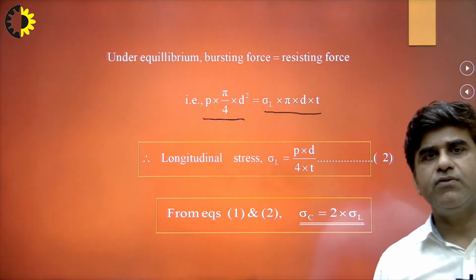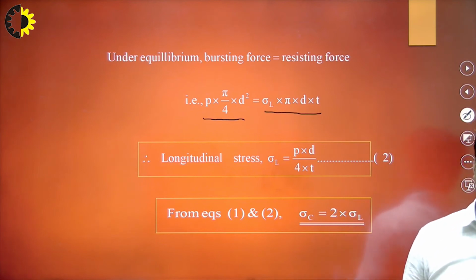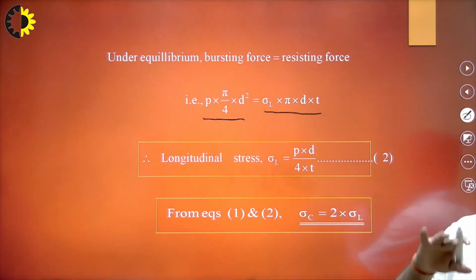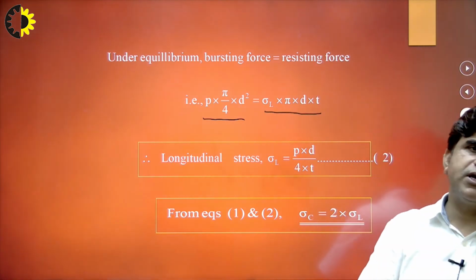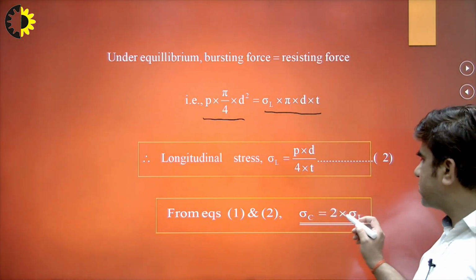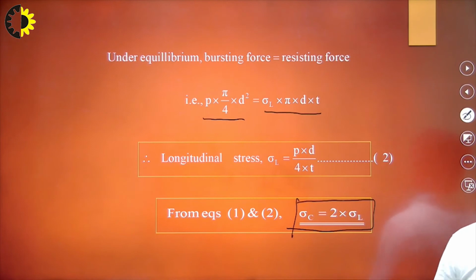This is the value of longitudinal stress induced in the cylindrical material. If I compare the hoop stress and longitudinal stress, I see hoop stress is twice that of longitudinal stress.